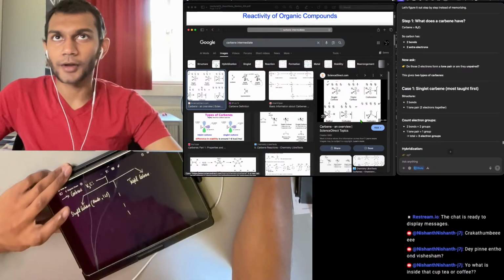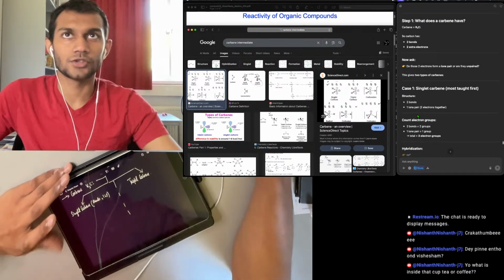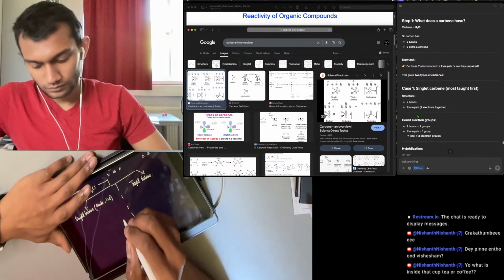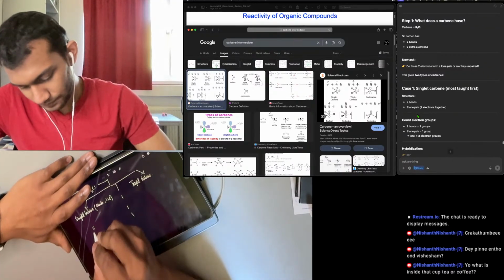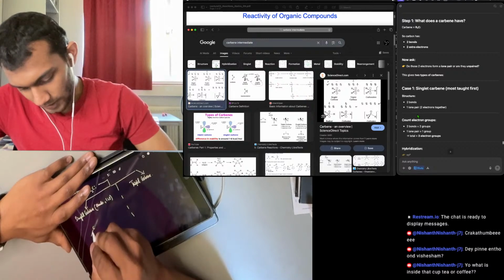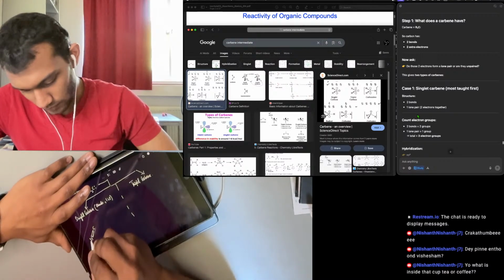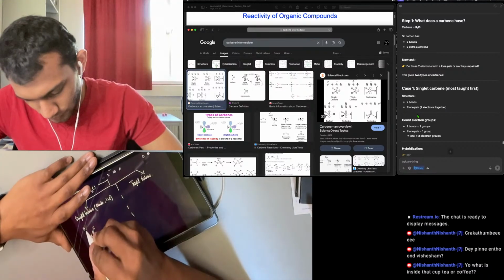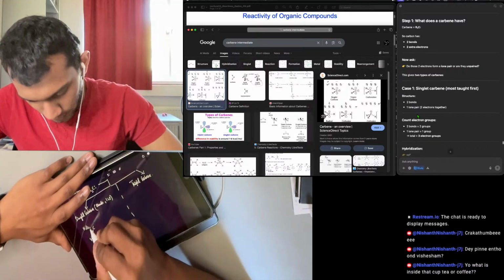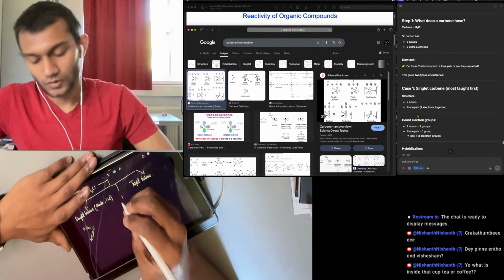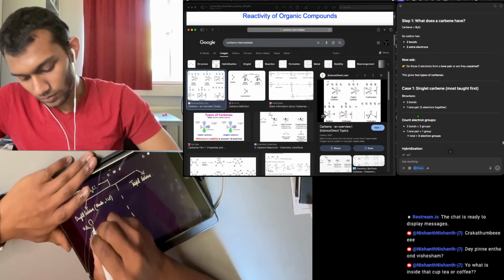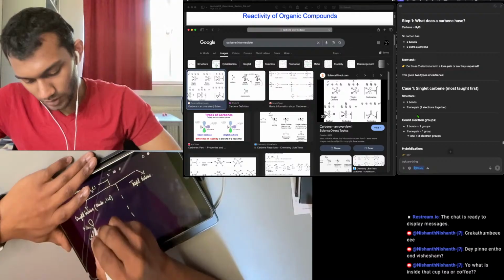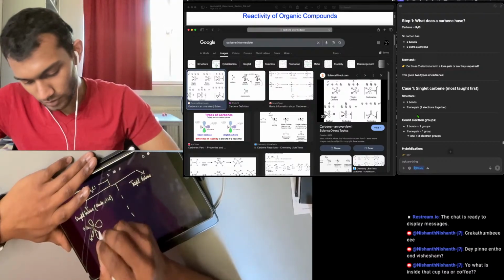You know what? Right now, let me write what this means. Singlet carbene. We got a carbon. We got a hydrogen at top and a hydrogen at the bottom. That's the empty p orbital. And that's the empty sp orbital.